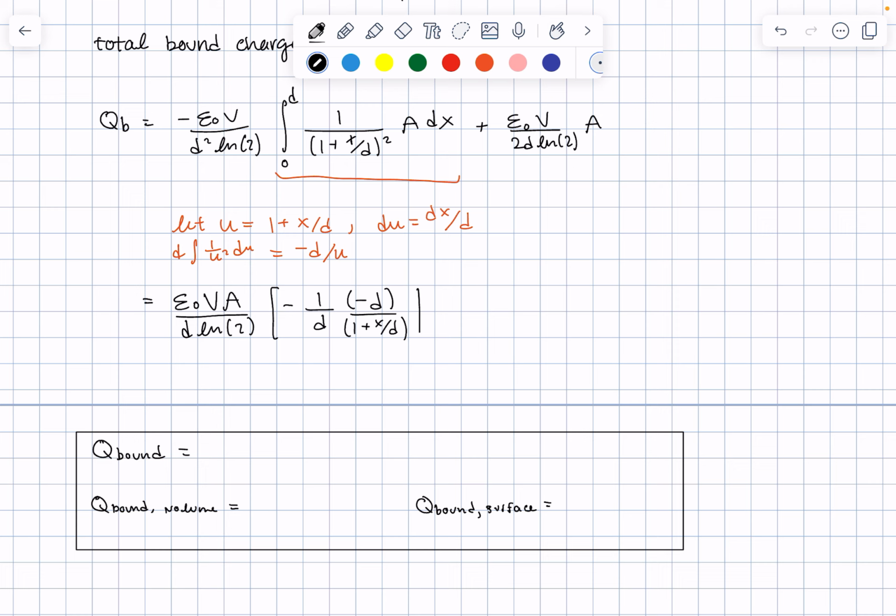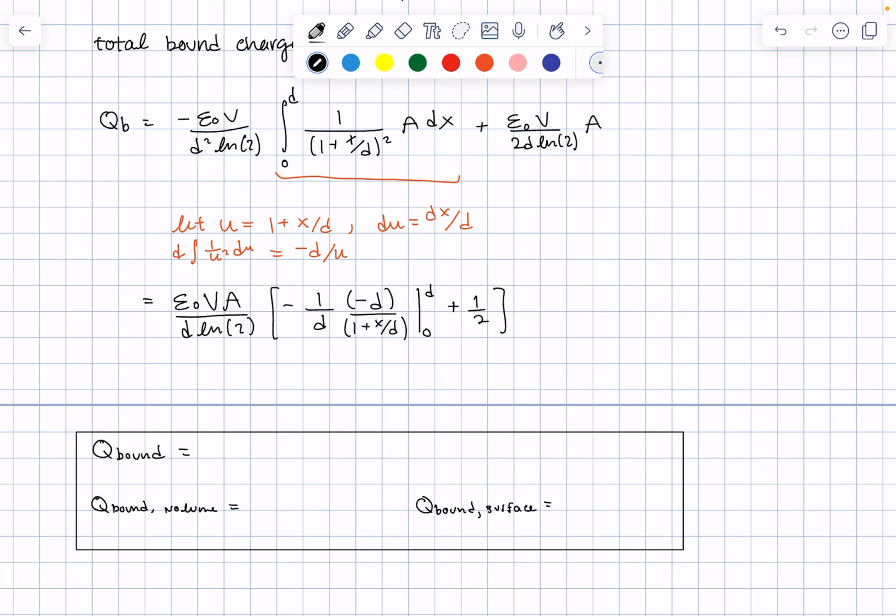So we're just plugging back in our u here. And that's from 0 to d, and then just plus 1/2 to take care of that second part here.